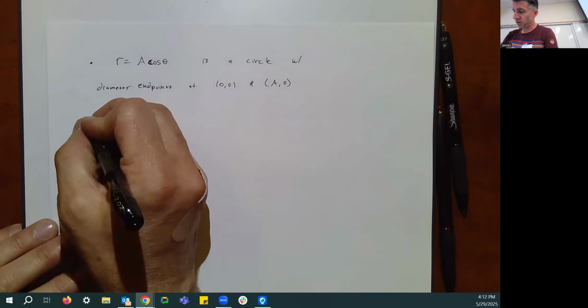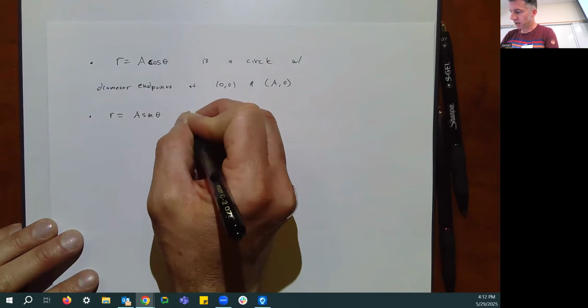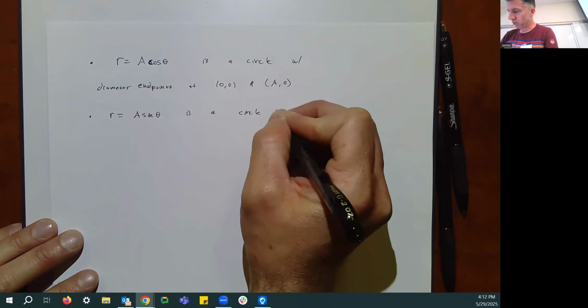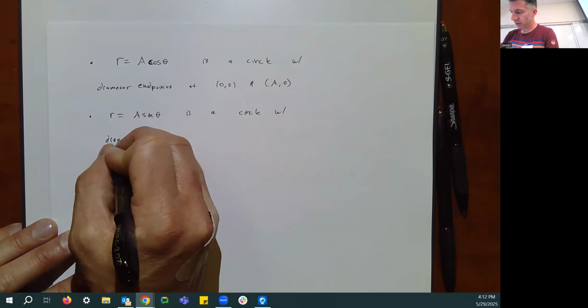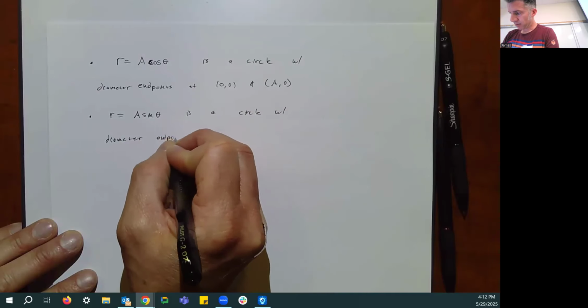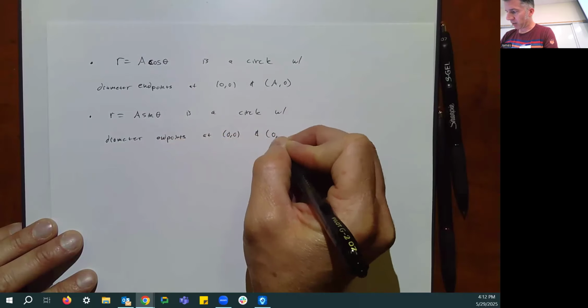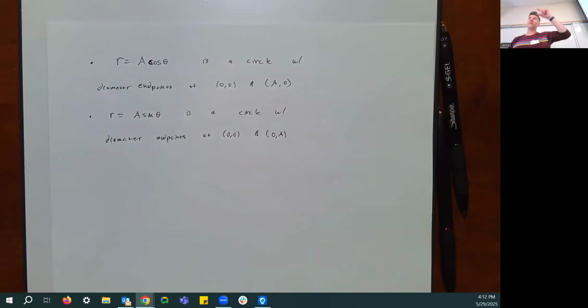And similarly, r equal to a sine theta is a circle with diameter endpoints at (0, 0) and (0, a). Again, if a is positive, it's above.